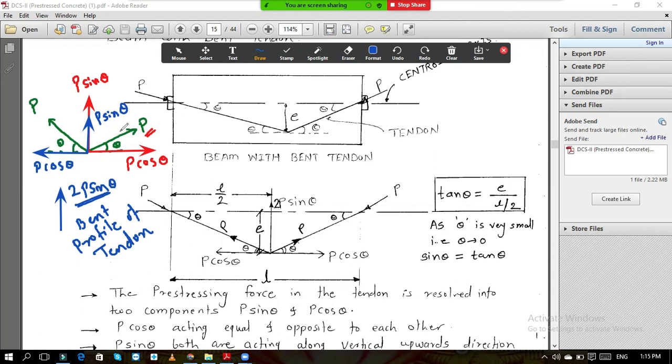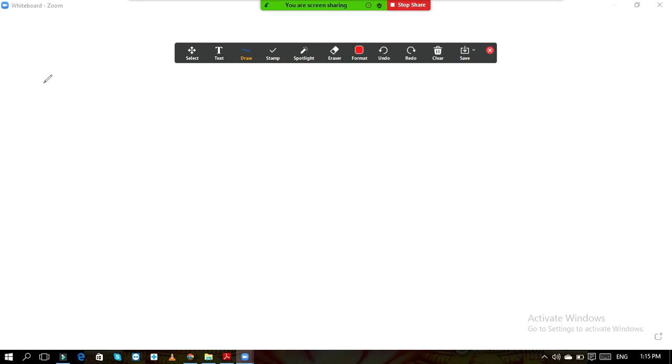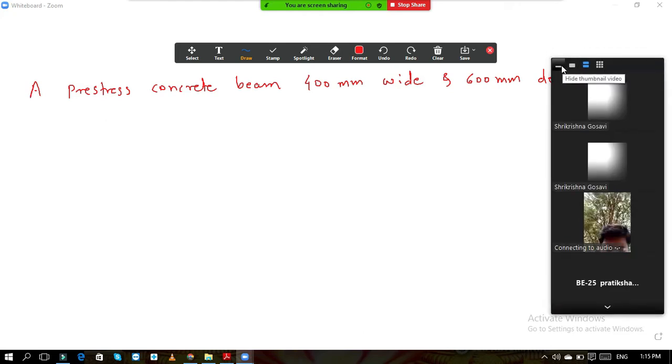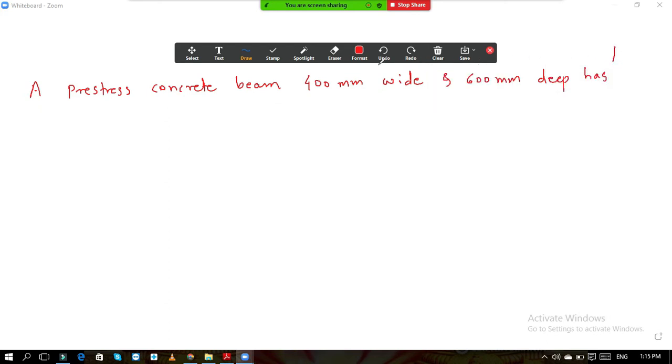Now take the problem. A prestressed concrete beam, 400 wide and 600 deep, has a span of 6 meter.